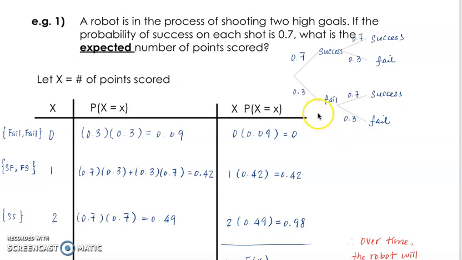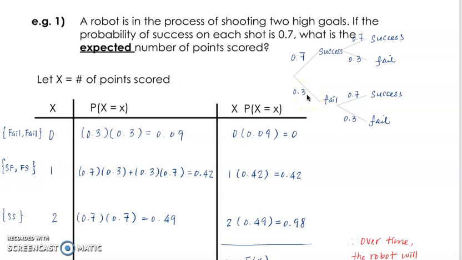Let's take a look at each time the robot shoots a goal. It can either be successful or fail. It fails the shot, it misses. So using a tree diagram, we can list out the whole sample space. The first trial, success has a probability of 0.7, fail would be 0.3, right? They're complementary.